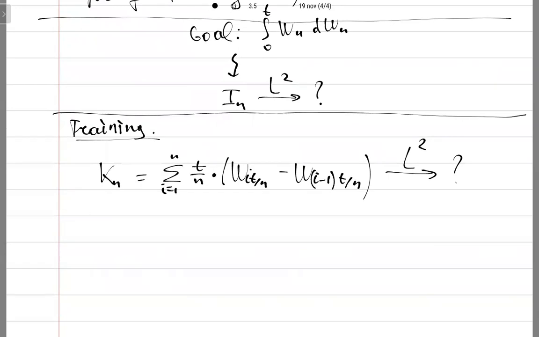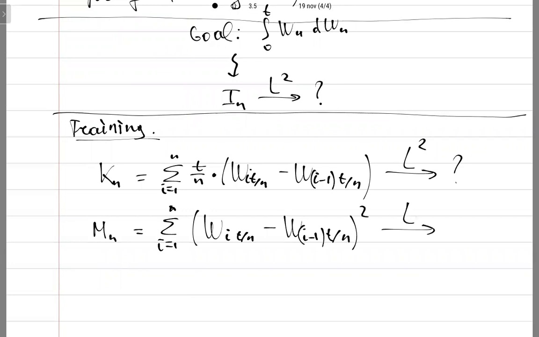Second, let's say M_n is just the sum of W_{iT/n} minus W. I'm a little bit bored, so let's introduce some notation. That will be our training, and then we will tackle our original problem, and finally we will calculate our goal.